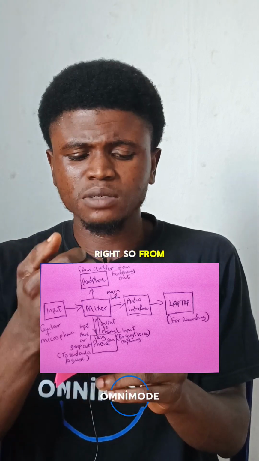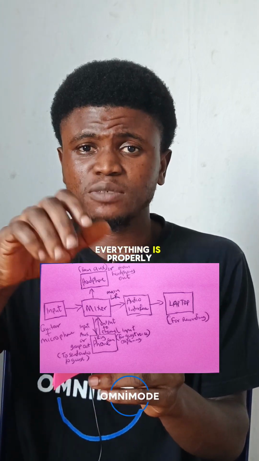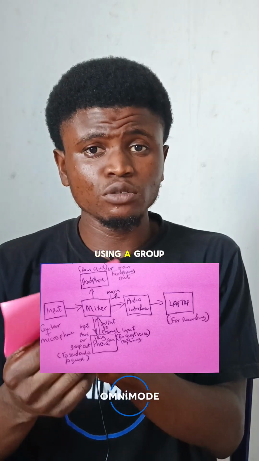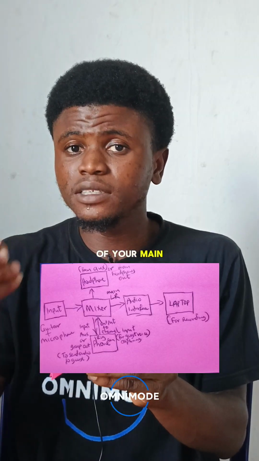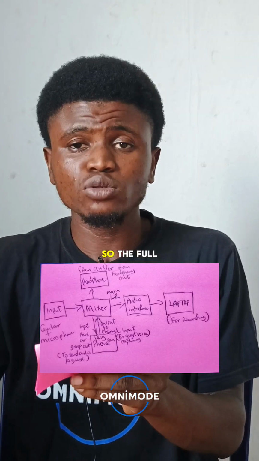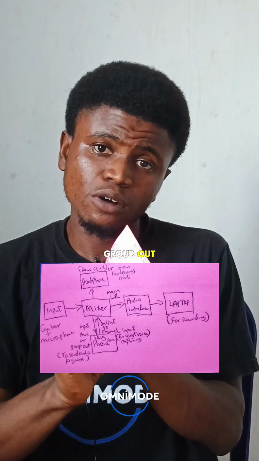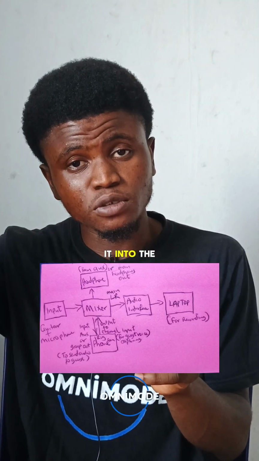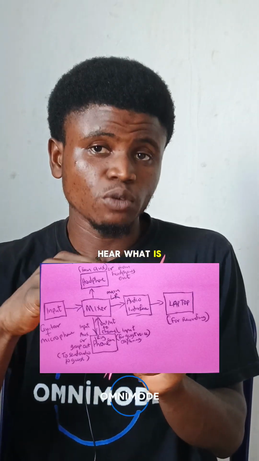So from the mixer, either you use auxiliary, you just have to ensure the levels are properly set, or even if you are using a group, that your group is like a copy of your main left and right. So the full mix going to the main left and right, you can use it from your group out, then send it into your iRig that sends it into the phone, and the person will be able to hear what is going on in the mixer.